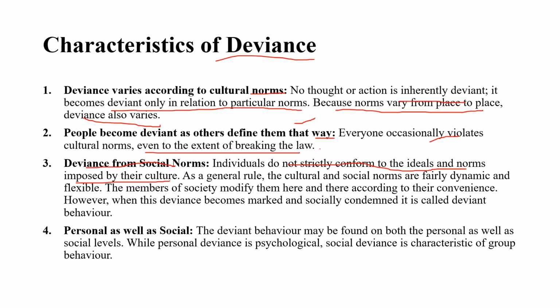When there is an imbalance, individuals are not very strict. They try to become flexible with the ideals and norms in the society. So deviance also changes, and new forms of deviance arise. It's very important that we understand the context we are talking about, the time in which we are talking, and the place.